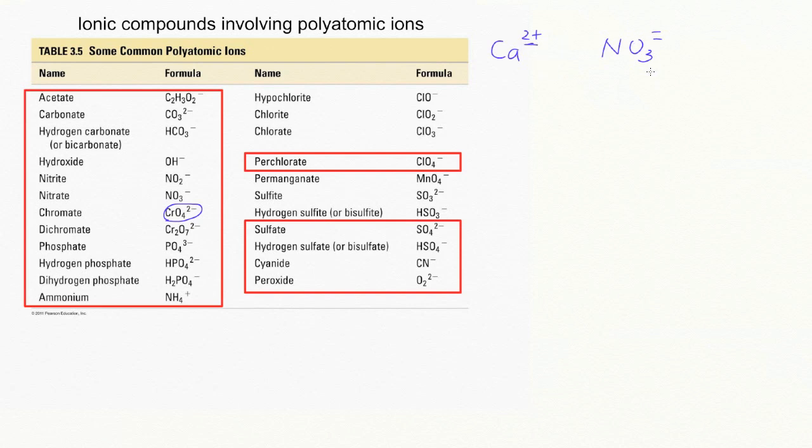Take a look at how many nitrate, how many calcium you need to make sure that the whole formula is neutral. Now you have 2 positive charges and 1 negative charge, so let's increase the number of nitrate from 1 to 2. Now you have 2 nitrate. Now you can put them together. Calcium nitrate 2. Now 2 negative charges, 2 positive charges. The whole formula gives you a neutral molecule. This is good. This is the right formula.